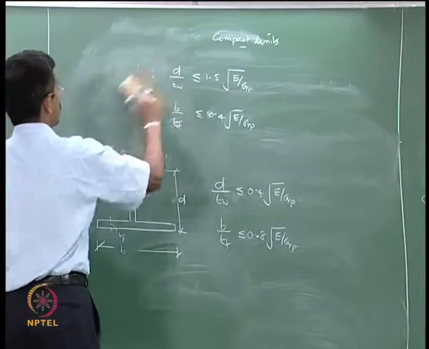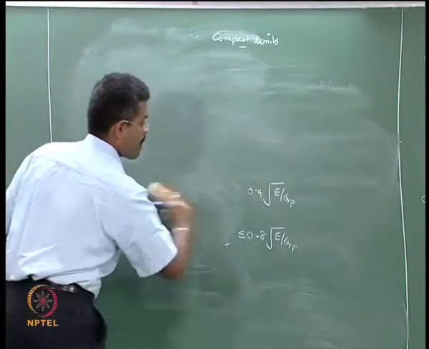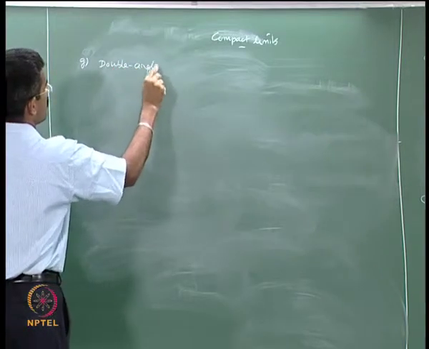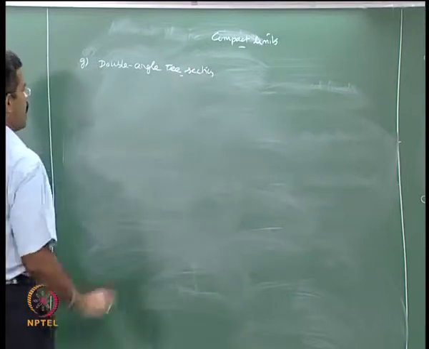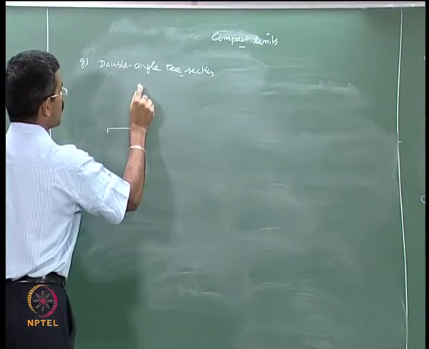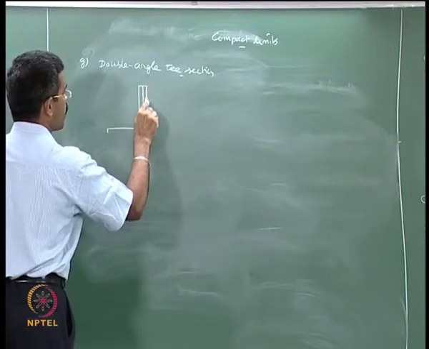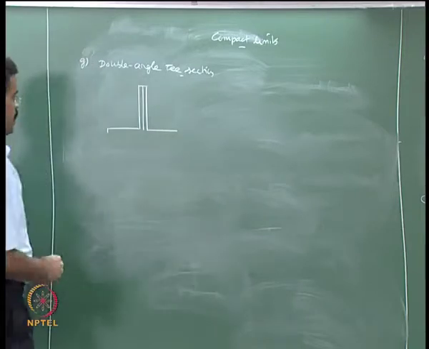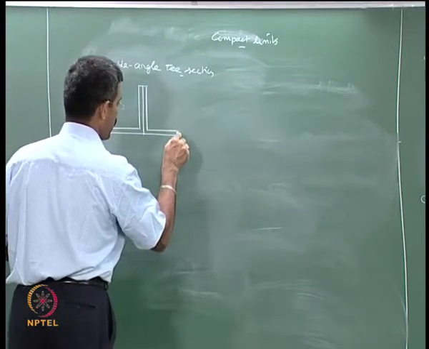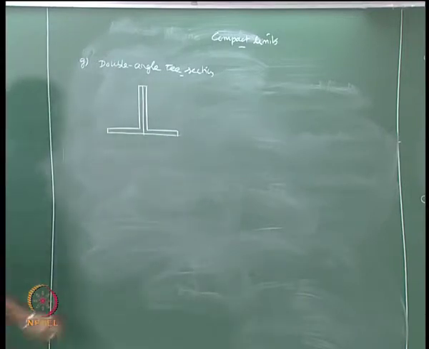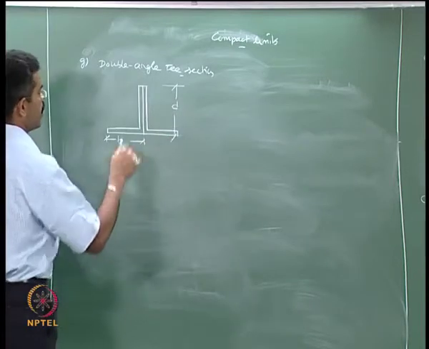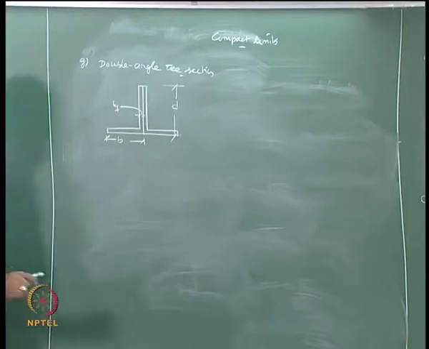You have double angle T's, one more section. Each dimension is B, the overall depth is D, and of course each thickness is Tf.